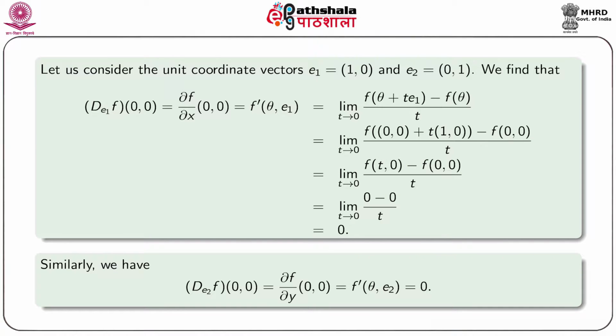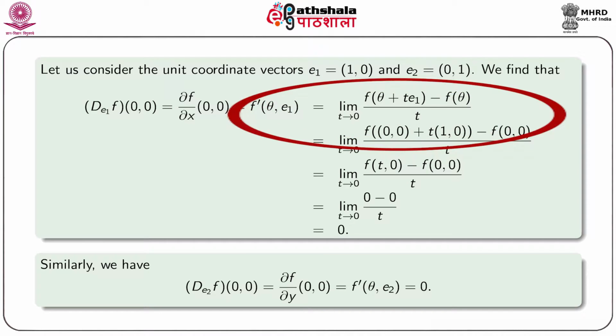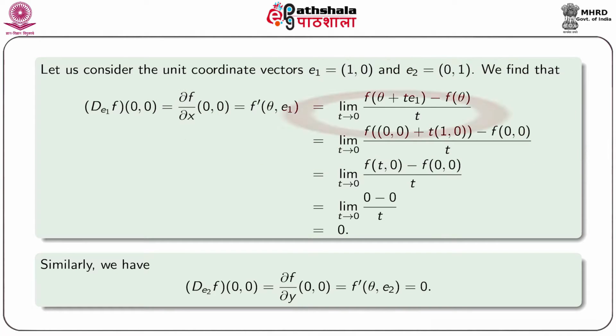We find that D_e1 f at the origin, that is f'(0; e1), that is ∂f/∂x at the origin, is the limit of [f(0 + t, 0) - f(0)]/t. So, it happens to be [f(t, 0) - f(0)]/t as t approaches 0, and we find that it is 0. So, ∂f/∂x at the origin is 0. Similarly, we can show that ∂f/∂y at the origin, that is f'(0; e2), is 0.